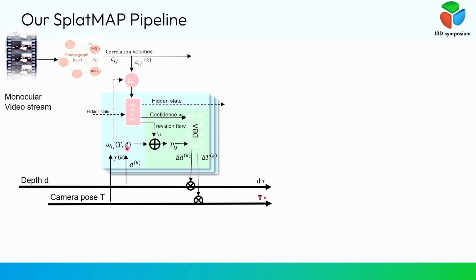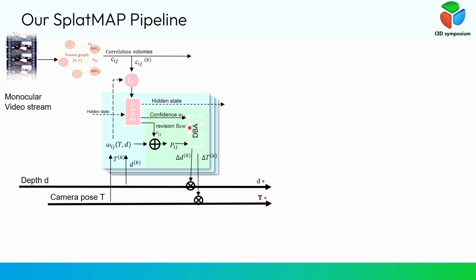At the same time, when there is an incoming frame into the system, we utilize the pre-trained model RAFT to calculate the optical flow between these two consecutive frames. This optical flow, the predicted flow, together with the induced flow is fed into the convolutional GRU, and the output from the GRU is the confidence of each point on these incoming images, and also the revision flow between these two images.